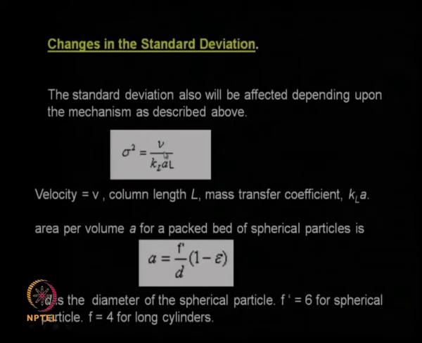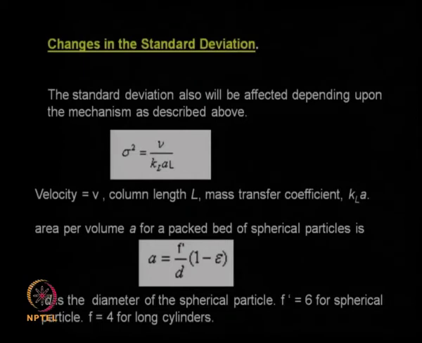Now A in a packed bed of spherical particles is approximated like that: A is equal to F dash by D into (1 minus epsilon). D is the diameter of the spherical particle and F dash is 6 if it is spherical, and it is equal to 4 for cylindrical type of particle actually. So A is the interfacial area between the two phases.